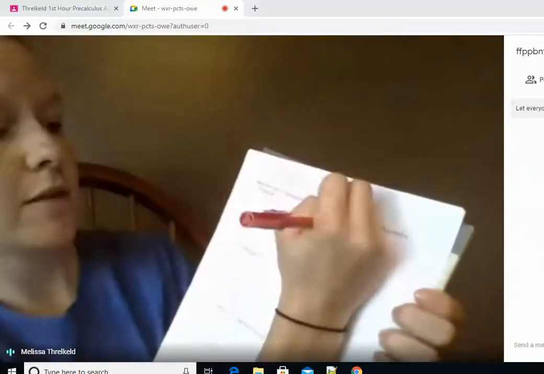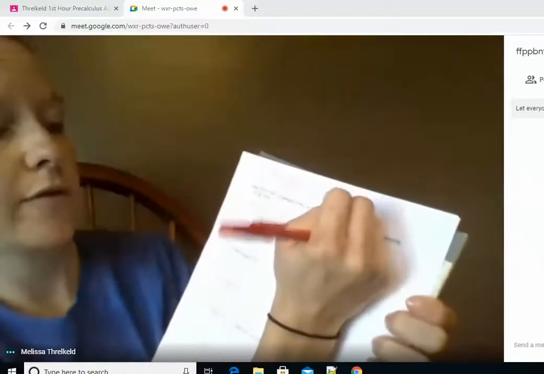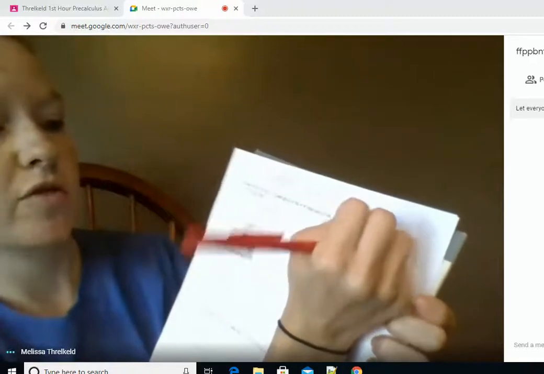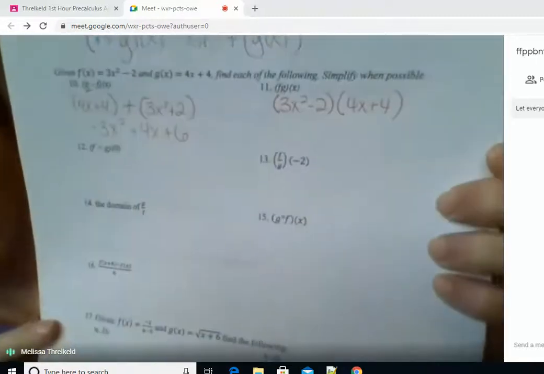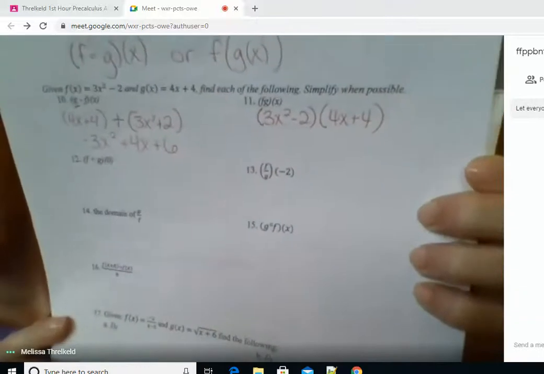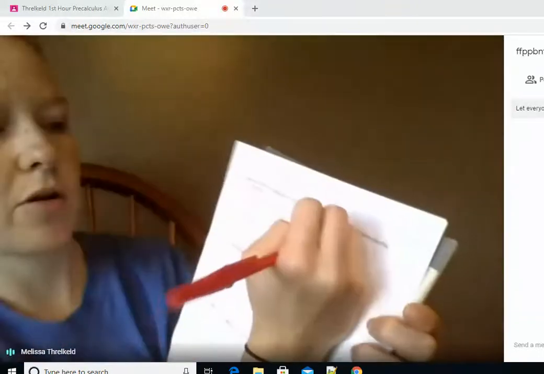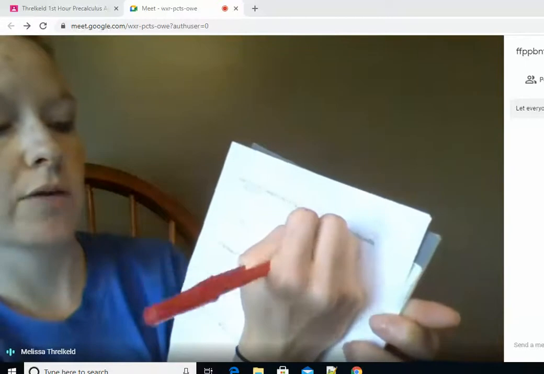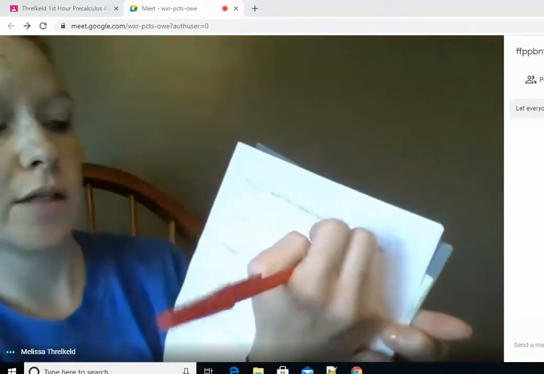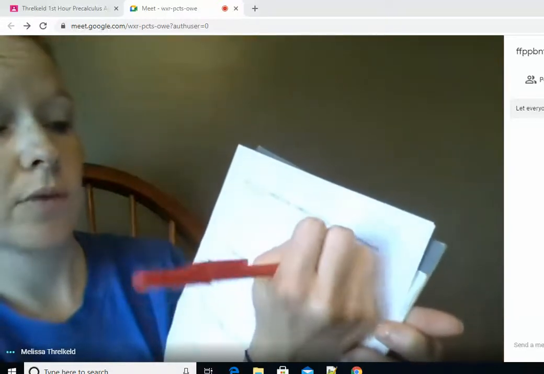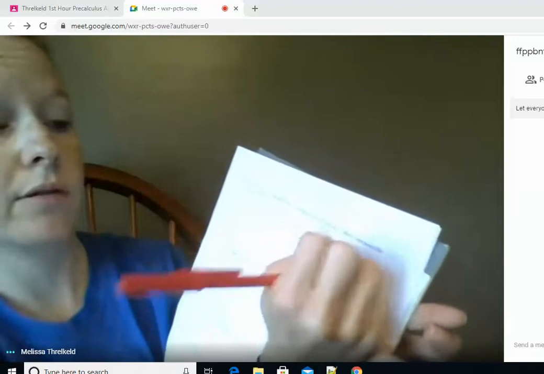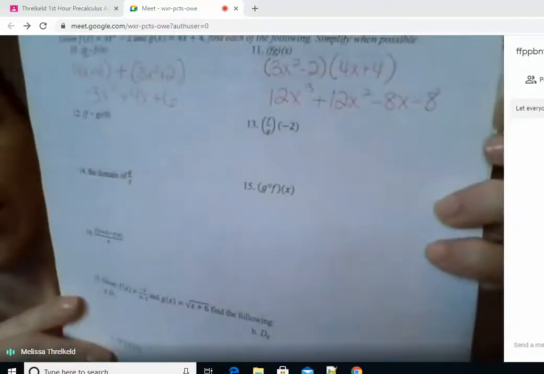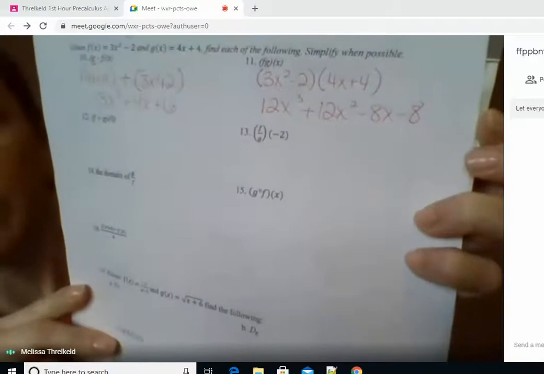So again, write those in parentheses. F, 3x squared minus 2, times g, 4x plus 4. And how do we multiply those? FOIL. For the sake of time, I'm just going to do that real quick here. You should get 12x cubed plus 12x squared minus 8x minus 8. And then if you had any like terms, you would combine them, but we don't.